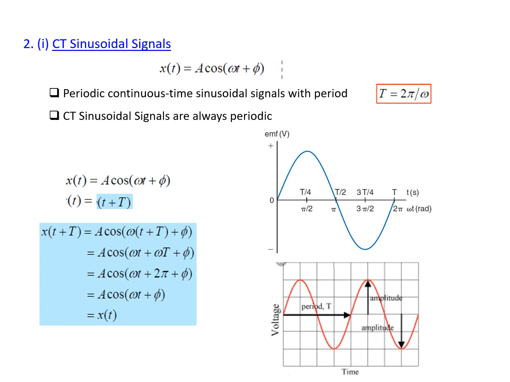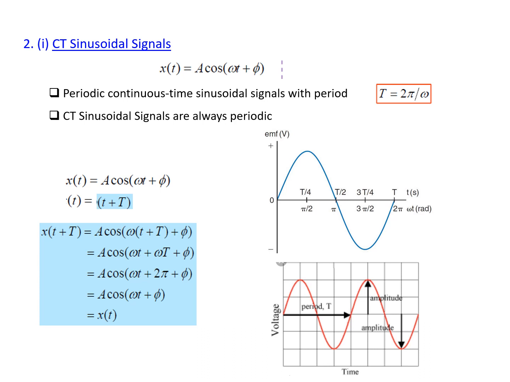You can see x of t equal to A cos(omega t plus phi) is the basic equation for a co-sinusoidal signal. Any signal which is periodic has a period T, and every value repeats after period T. That is, the instantaneous value of a periodic signal repeats after every time period T. That is, small t is equal to t plus capital T. Let us substitute t plus capital T and see that we get back the signal.